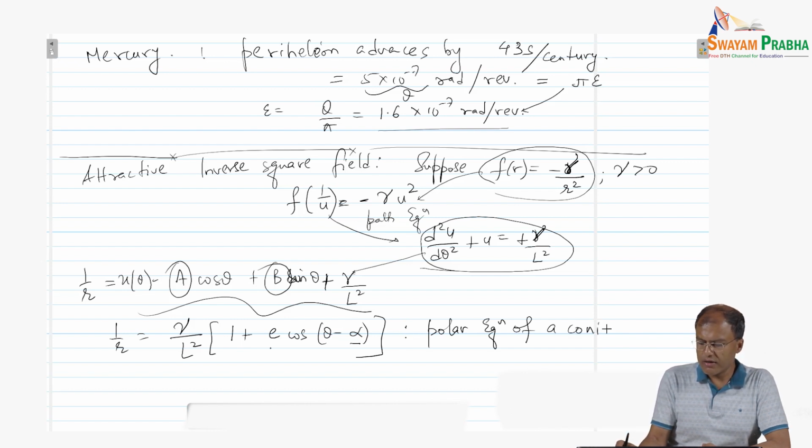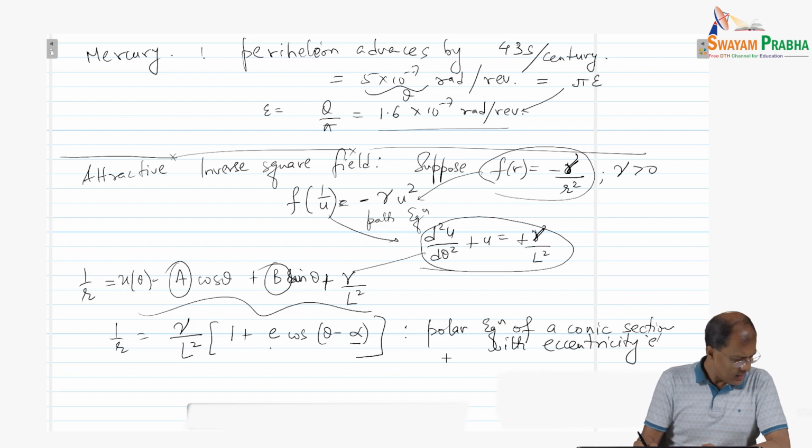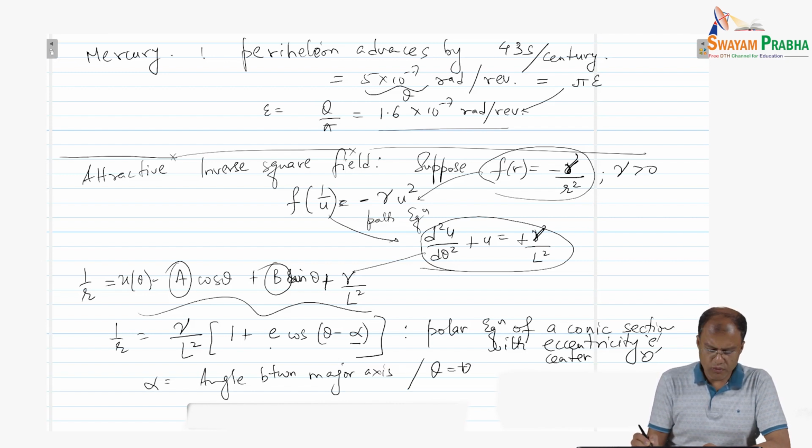People who have studied basic conic sections will quickly familiarize themselves that this is the polar equation of a conic section with eccentricity e and center O. Right, so this is a polar equation of a conic section with eccentricity e and center O, and my alpha is the angle between the major axis and the initial line at theta equal to 0. Right? So this is the polar equation.